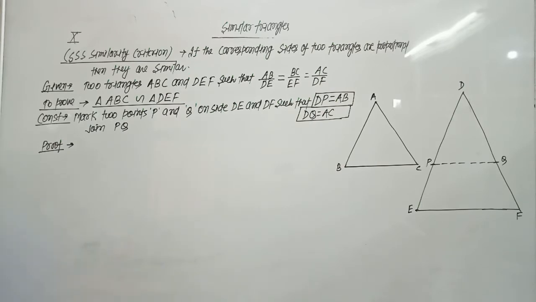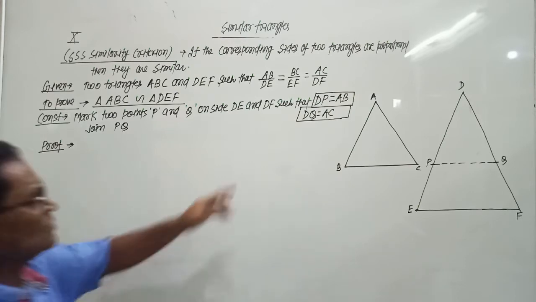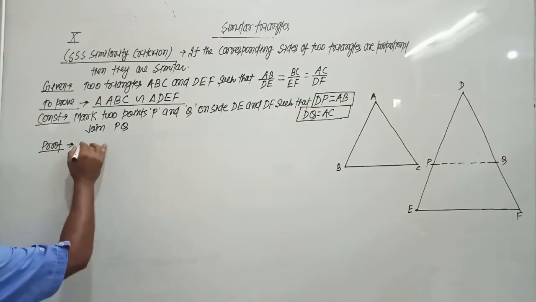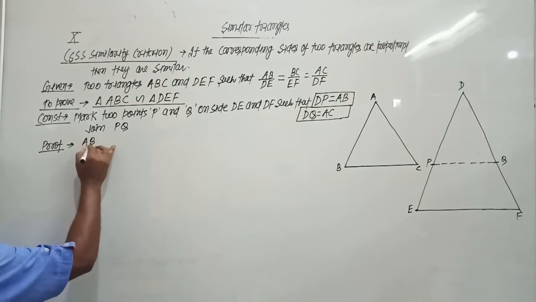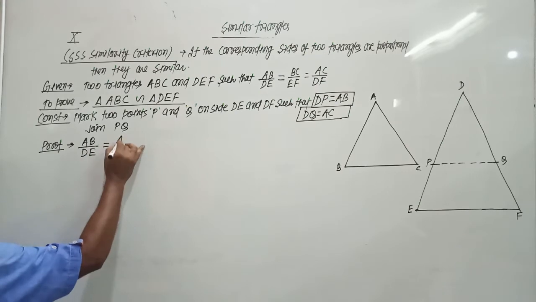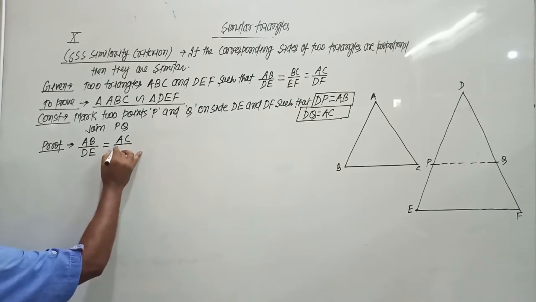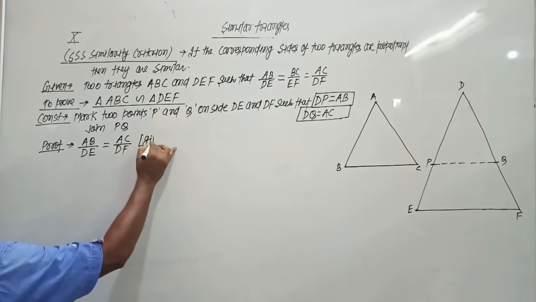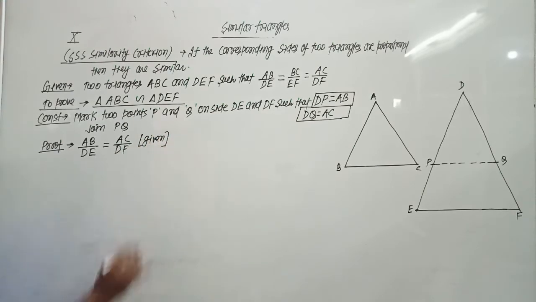We are given that AB upon DE equals AC upon DF, the sides are in proportion.